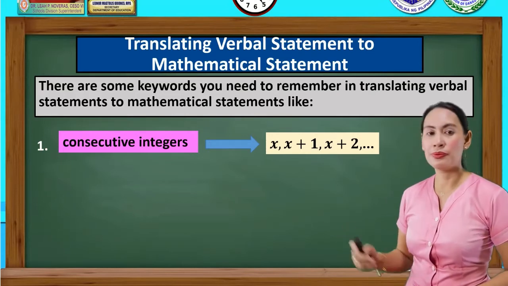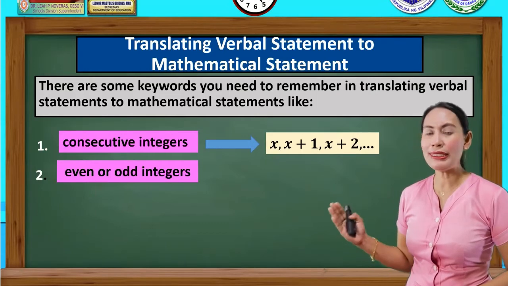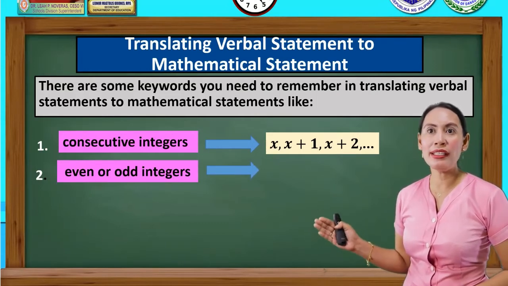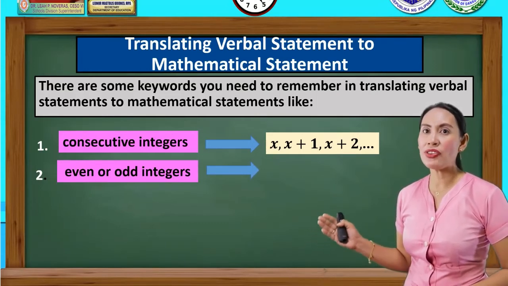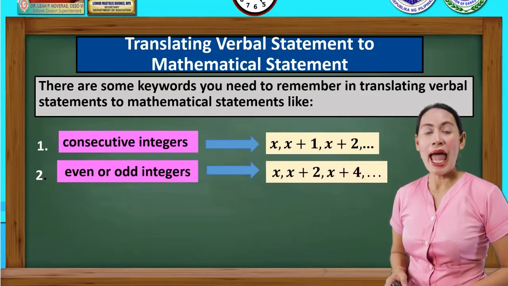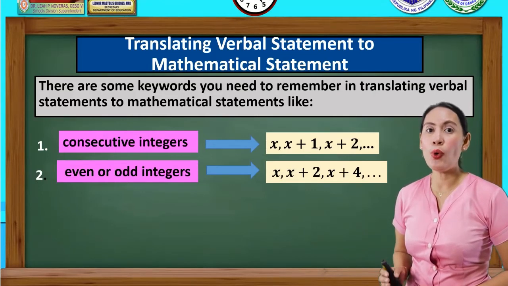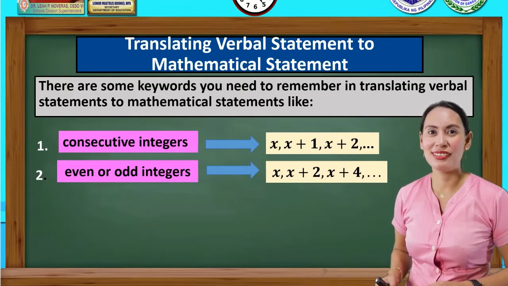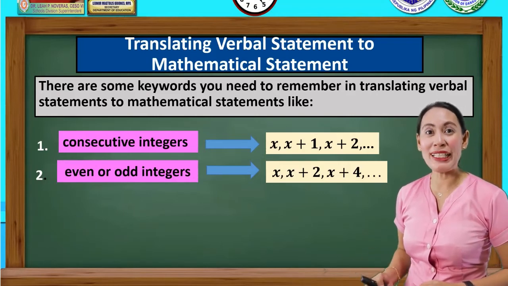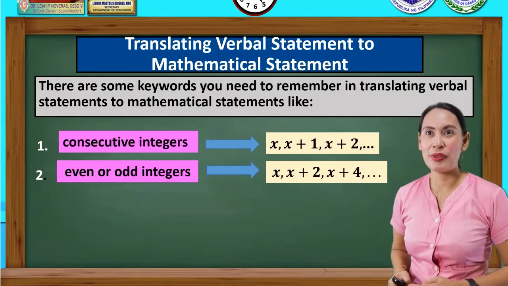Number 2, even or odd integers. So if consecutive even or odd integers, the pattern is x, x plus 2, x plus 4, where x is any even or odd number. Example of this number is 11. 11 is an odd number. Next to 11 is 13.